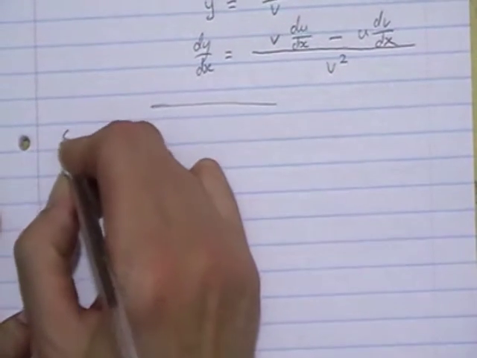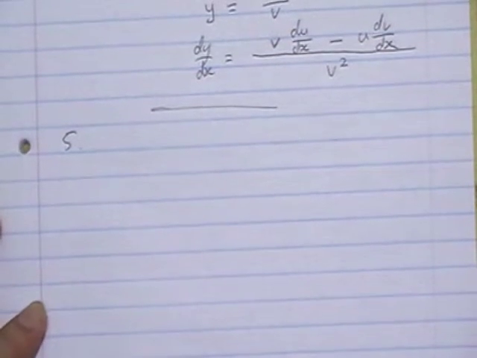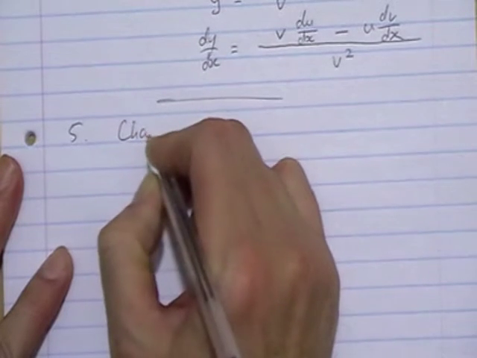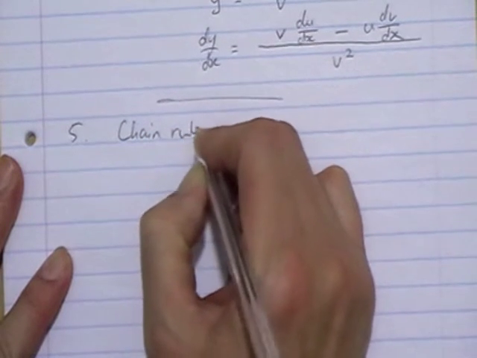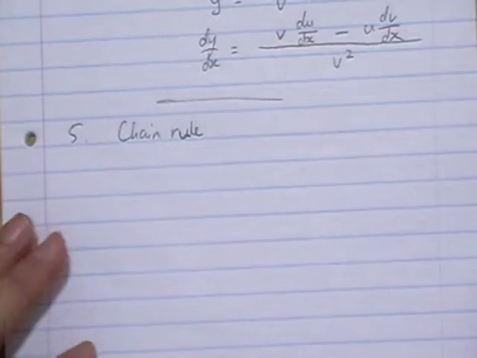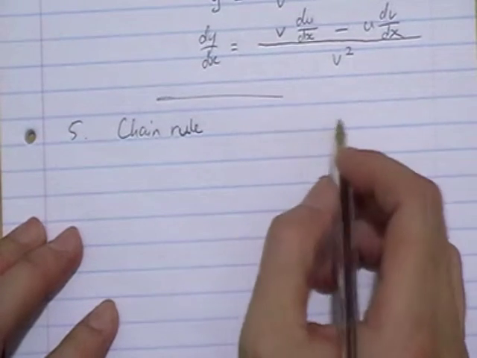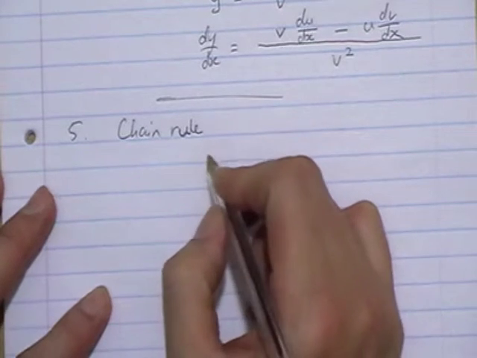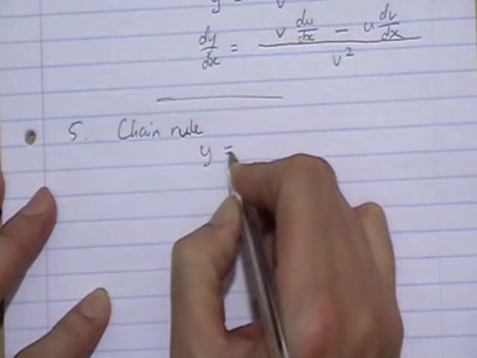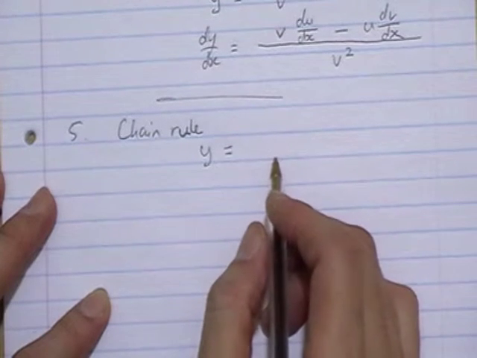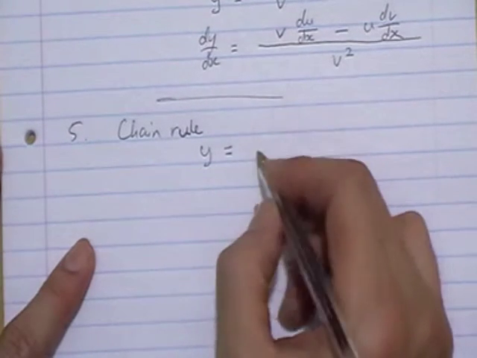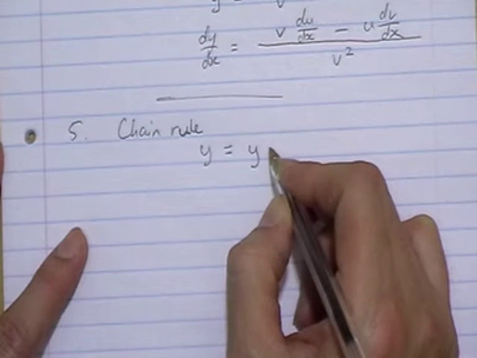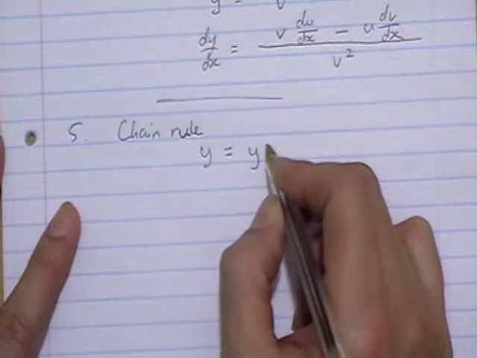And the fifth and last property that I want to prove is the chain rule, which is very useful. The chain rule is for a composite function. Suppose that y is a function of another function of x.